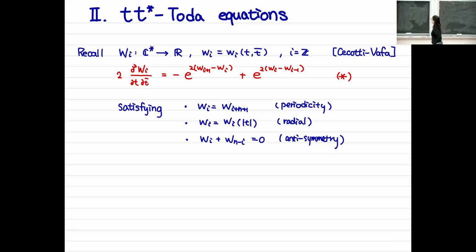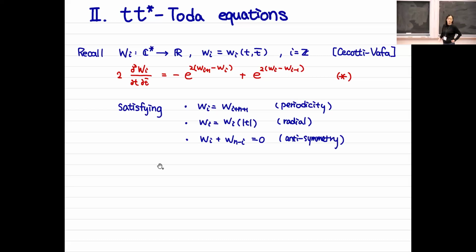Okay, so recall the first slides about this tt* equation. The w_i are functions defined on C star, real valued, and satisfying this equation. This is basically Toda. This is a PDE, and it has three conditions that it has to satisfy, which we saw earlier. This is periodicity: w_i equals w_{i+n+1}.